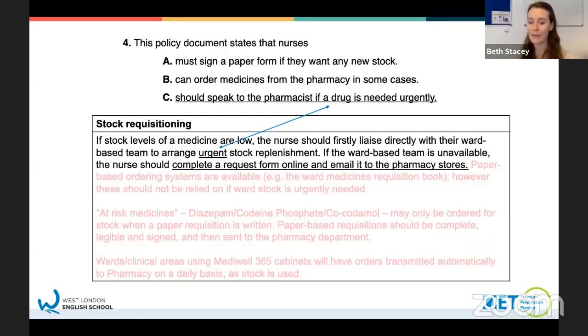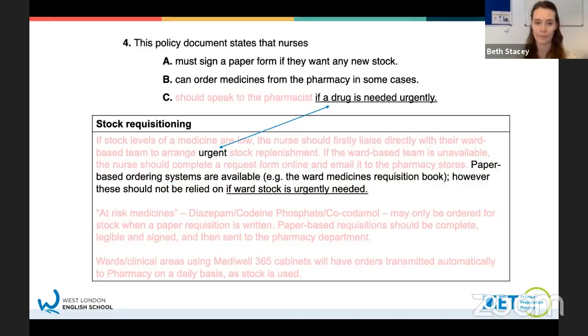And only if the ward-based team is unavailable should they complete a form online and email it to the pharmacy. And then we can see something else about urgency. Paper-based ordering systems are available, but they should not be relied on if ward stock is urgently needed.